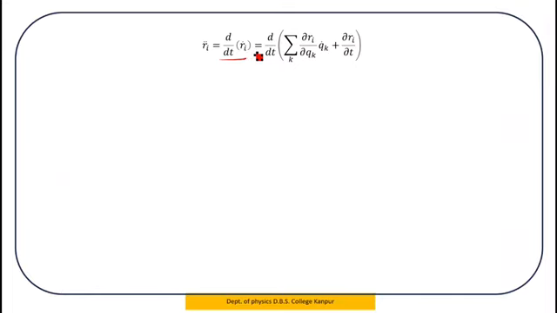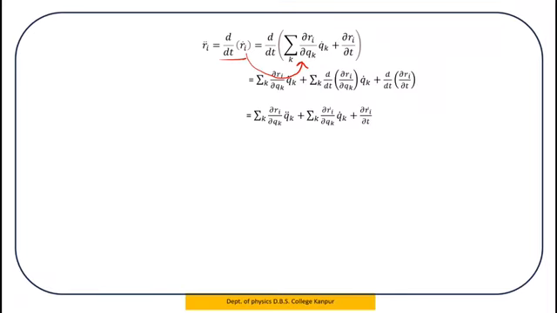Now put the value of ri dot, the velocity of the ith particle. Now differentiating the first term with the second constant, plus the second term with the first constant, plus the differentiation of this term. So ∂ri upon ∂qk times qk double dot plus the summation of d by dt of ∂ri upon ∂qk times qk dot plus d by dt of ∂ri upon ∂t.